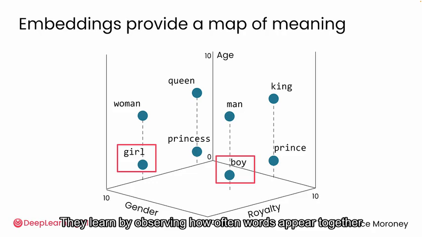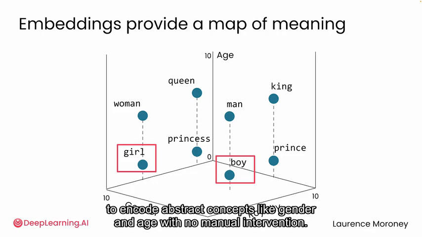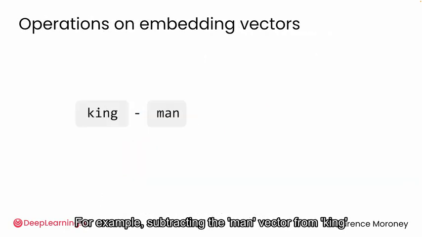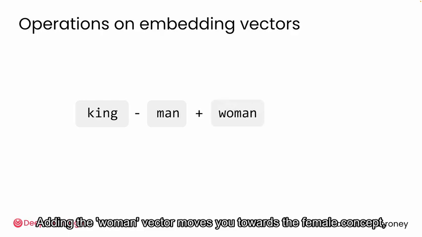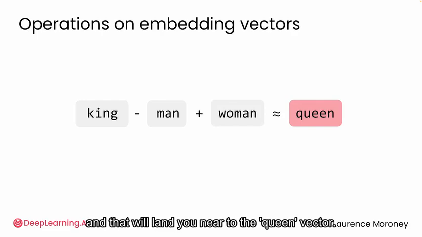They learn by observing how often words appear together to encode abstract concepts like gender and age with no manual intervention. For example, subtracting the man vector from king will give you a vector representing royalty minus male. Adding the woman vector moves you towards the female concept, and that will land you near to the queen vector.